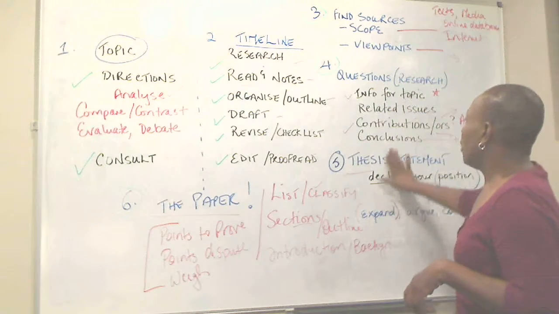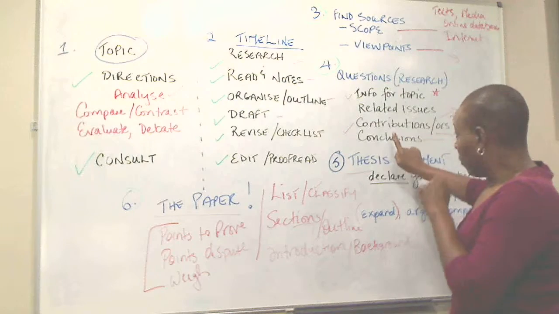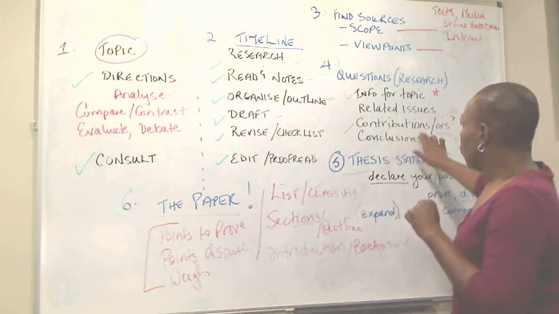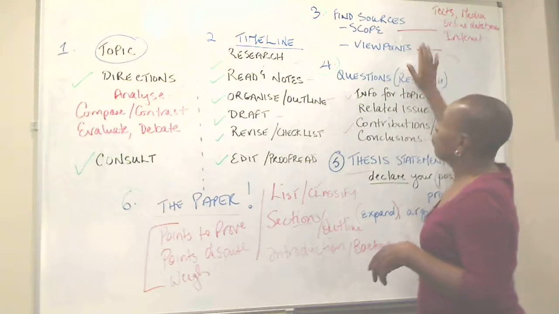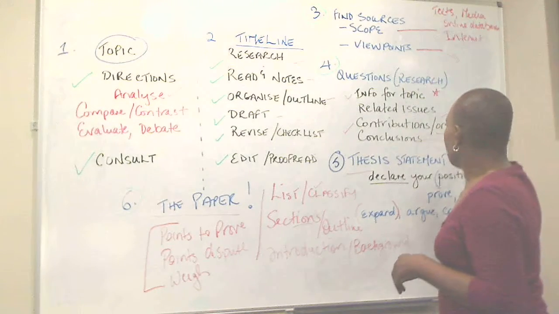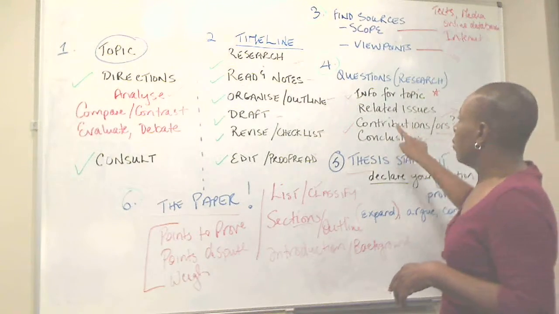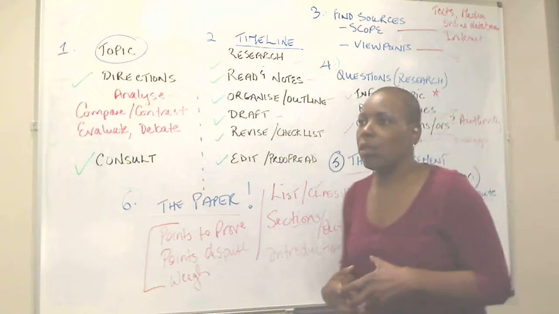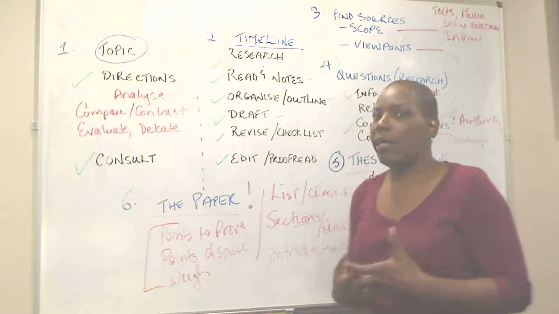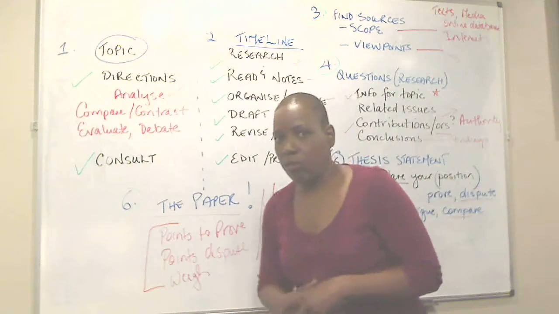Okay, so we get to contributions or contributors. Again, we go back to the sources, we go back to the understanding that the value of the contribution must be in line with the value of your presentation.